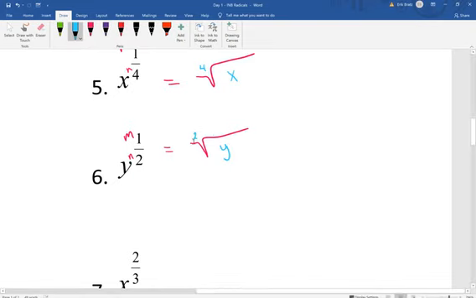And something new that we're introducing today is if you have a radical sign whose index is 2, we don't write that number either. So we're really just going to say y to the 1/2 is equal to the square root of y. These two are equivalent. We don't write the 1 or the 2.